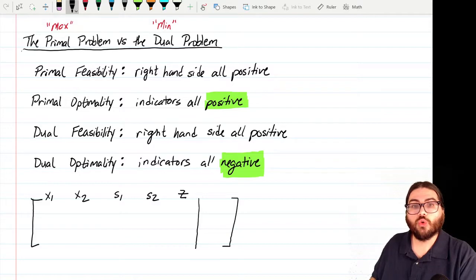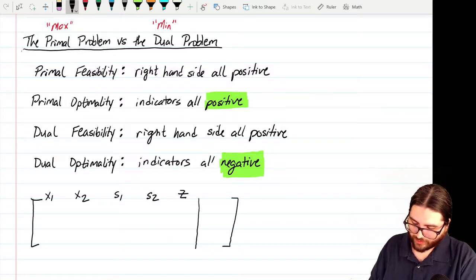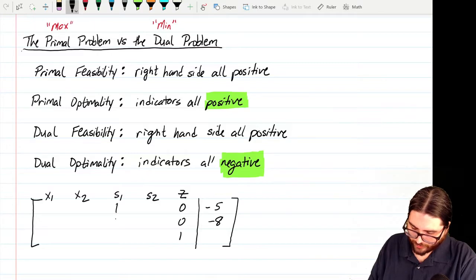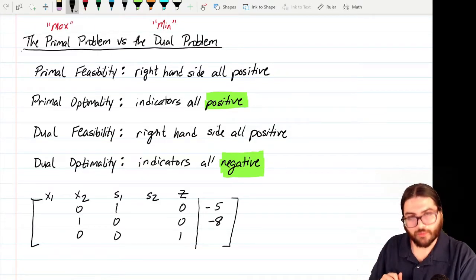So a dual simplex matrix might look like this. It might have negative numbers on this side. Z would always still have its pivot. And the other two will be somewhere else. I'm just randomly making up numbers here.